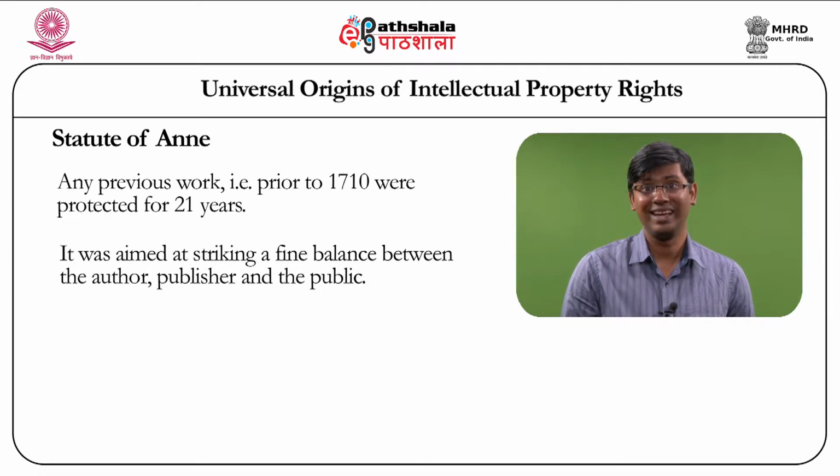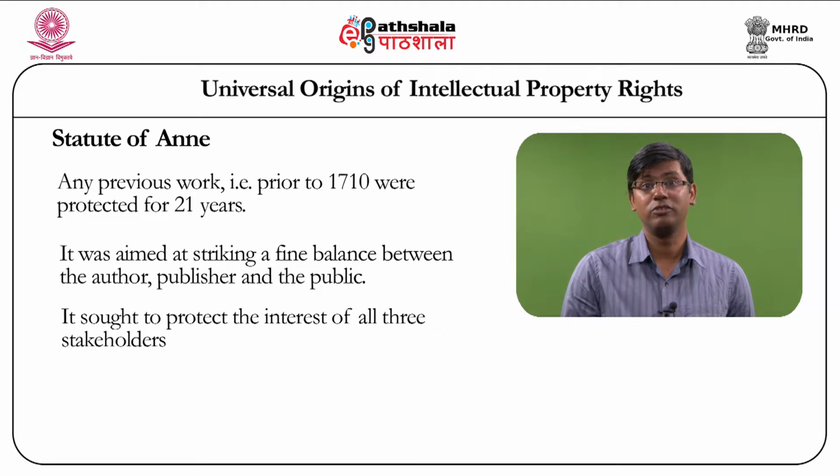It was based on the idea that if you encourage the authors and give them protection for a certain period of time, they'd come up with wonderful literary works. It sought to protect the interest of all three stakeholders: the printers, the publishers, and the common public. Yeah?